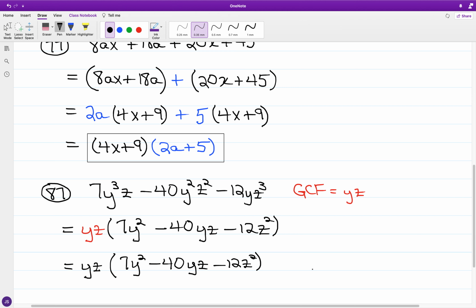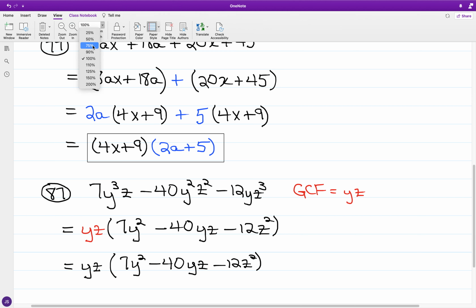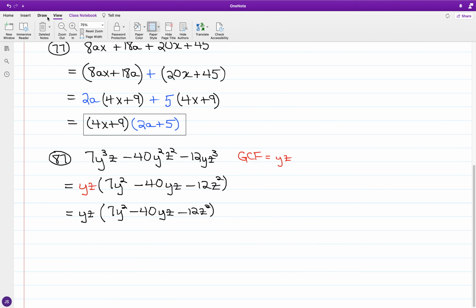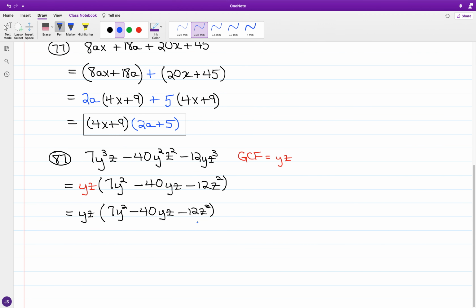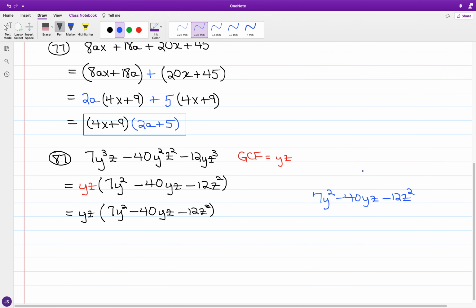Moving to the side here, again we have the trinomial: 7y squared minus 40yz minus 12z squared, and a bit of history repeating.